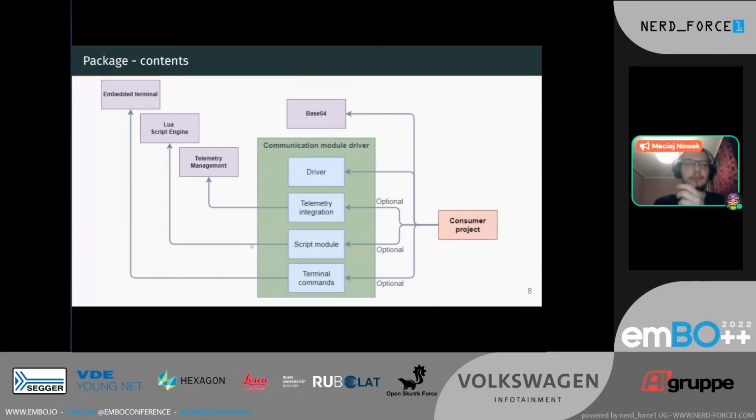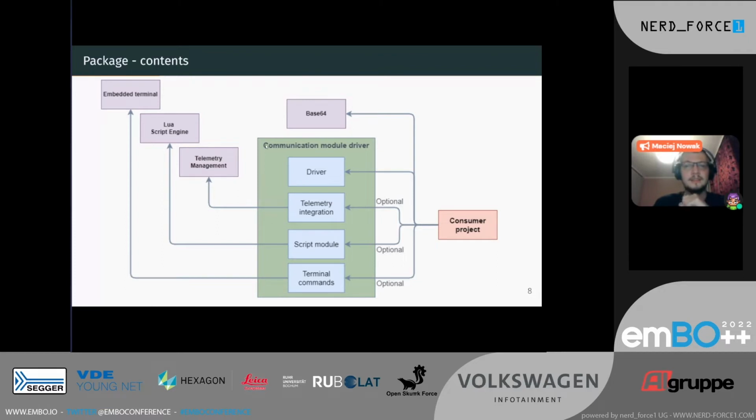In more graphical form, we can think of our packages in this way, where we have a single consumer project which pulls different dependencies. We have some standalone libraries like base64 encoder, and library with embedded terminal, scripting engine, or telemetry management module.